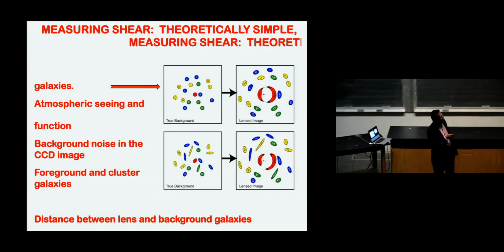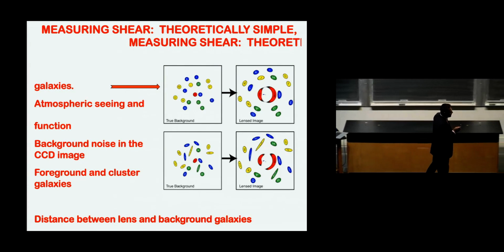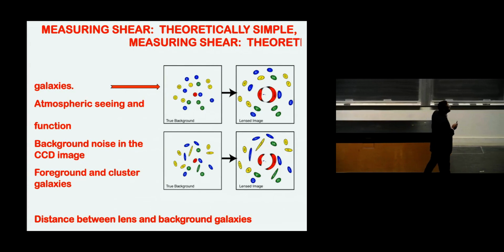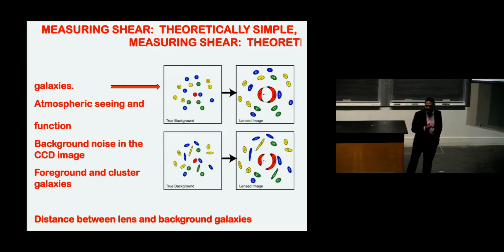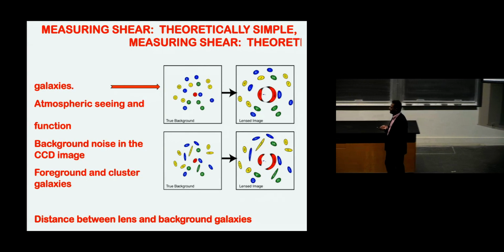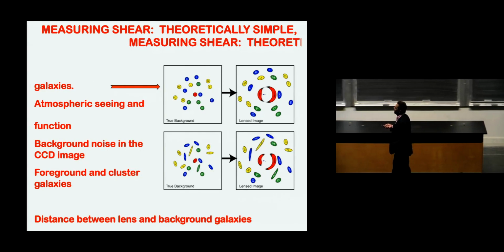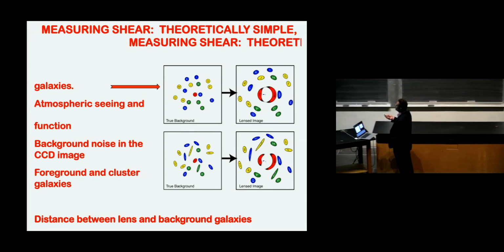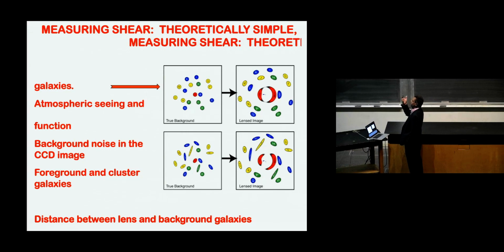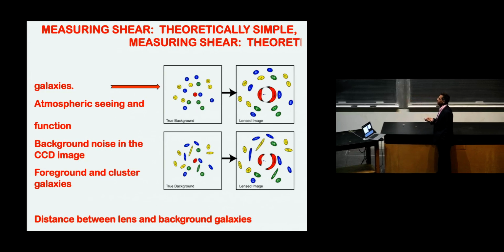Measuring shear is theoretically simple. Trying to do it in practice is an extremely challenging proposition. Why? Imagine that you have galaxies that are perfectly circular.